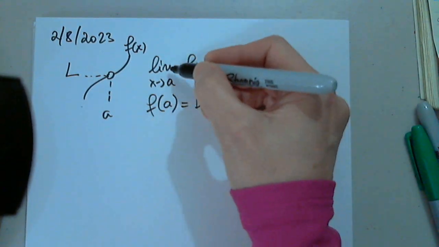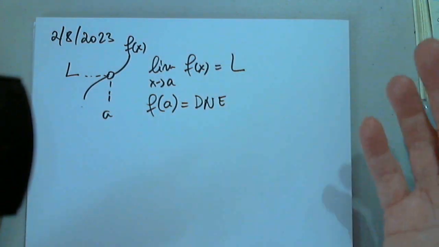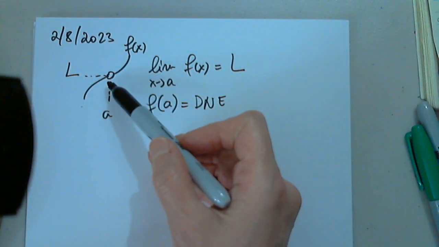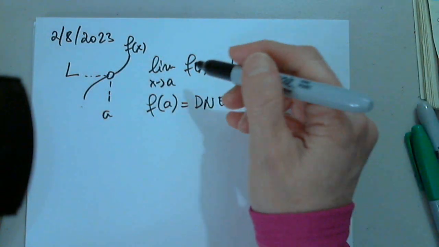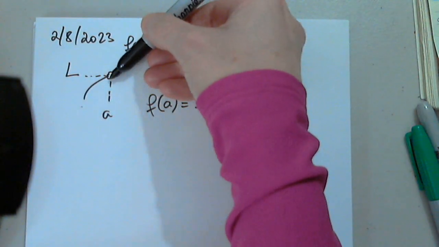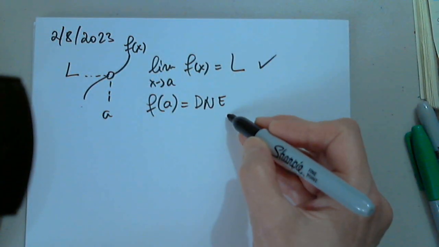But these two are not the same. Rarely they are, and we know with polynomials, blah, blah, blah. But this is not a polynomial if it has a hole in it. So the limit exists because the limit from the left and the limit from the right are the same, but the function value does not exist.